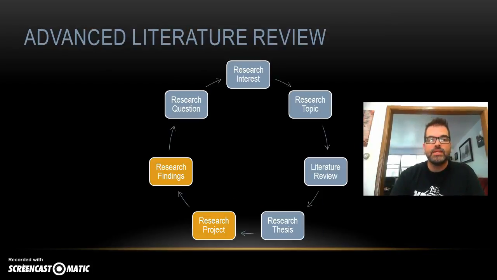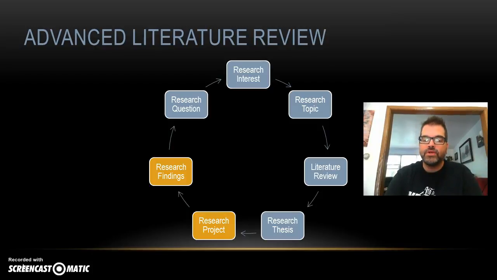In an advanced literature review, you have these same first steps: research interest, identifying a research topic, specifying and framing a literature review that you conduct, and then that discovers and advocates for your research thesis.